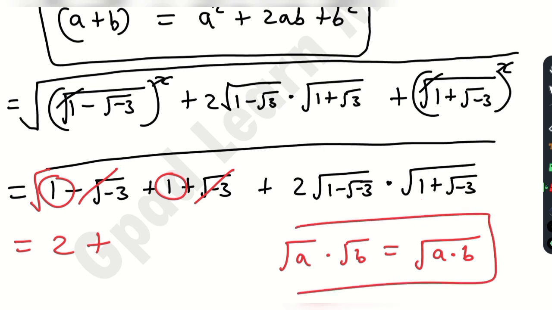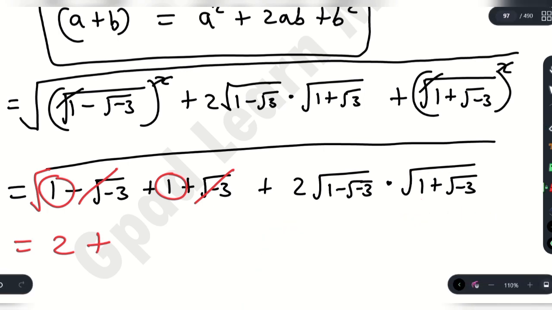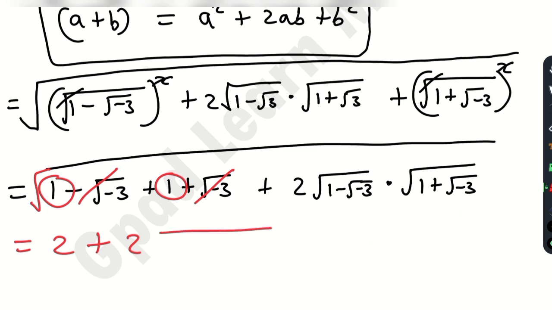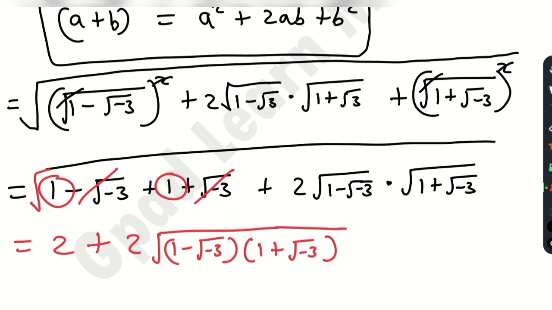So I'm going to have 2 the square root of 1 minus the square root of negative 3, and then 1 plus the square root of negative 3. Don't forget there's a big square root on it like this.